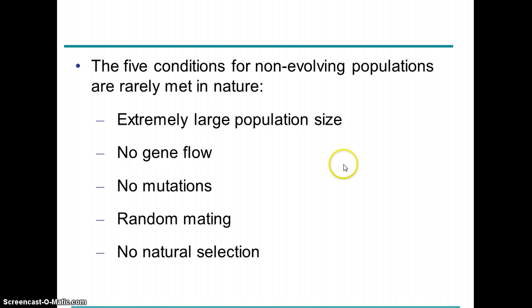These are the conditions under which allele and genotype frequencies will not change: large populations with little or no gene flow, that is, genes moving in or out of the population, no mutations, no new alleles showing up, random mating within that population, and basically no selection. This applies to a population that is not evolving.